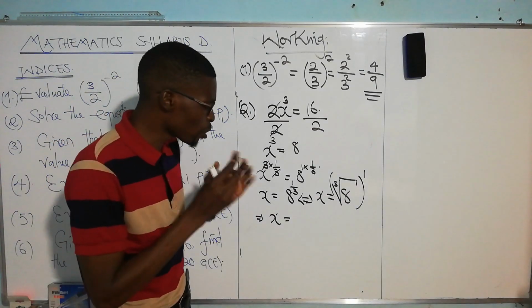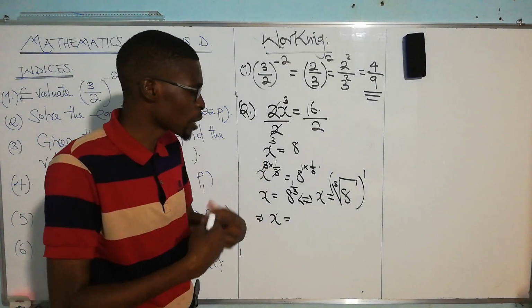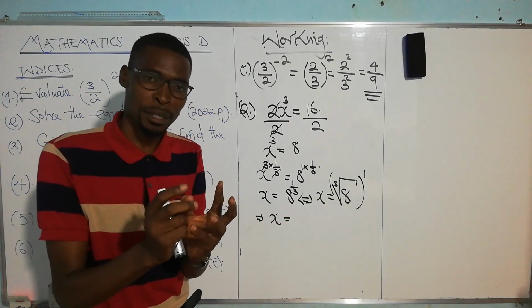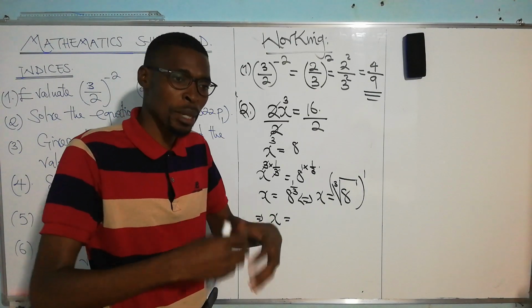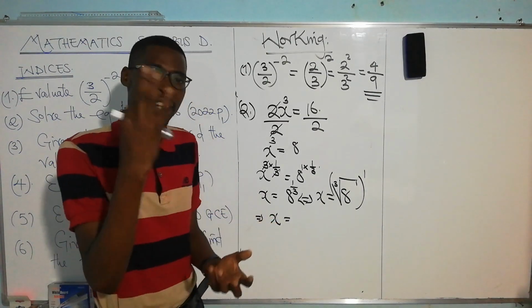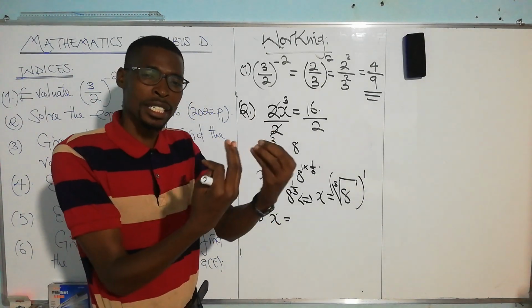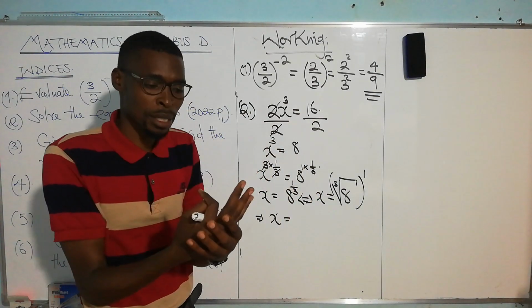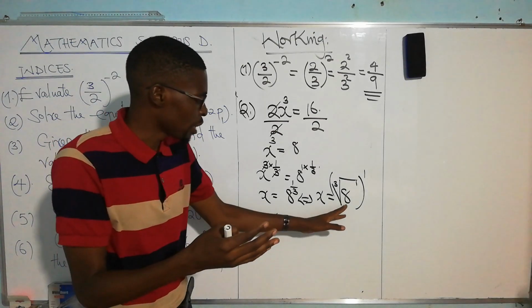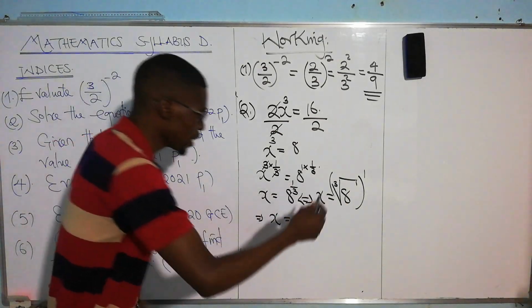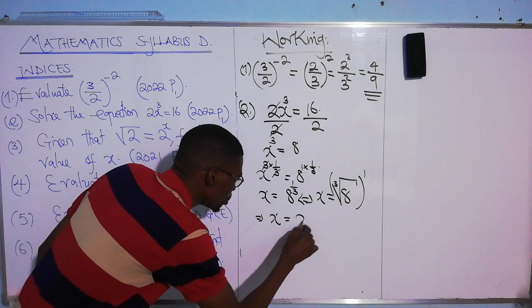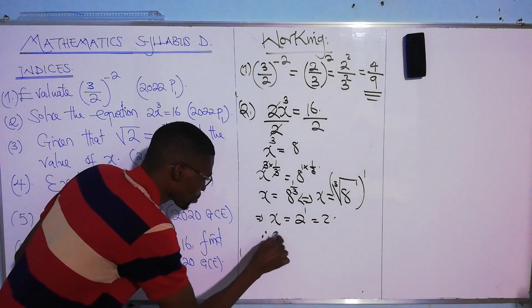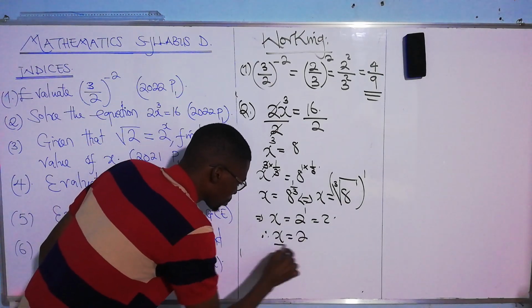We are not looking for a number that must be multiplied by 3 to get 8. No. We are looking for a number that must be multiplied by itself 3 times. You multiply that particular number 3 times by itself, and it will give you 8. So the cube root of 8 is basically 2 power 1, which is equal to 2. You then say, therefore, x must be 2.